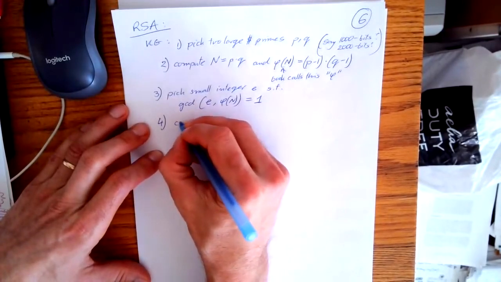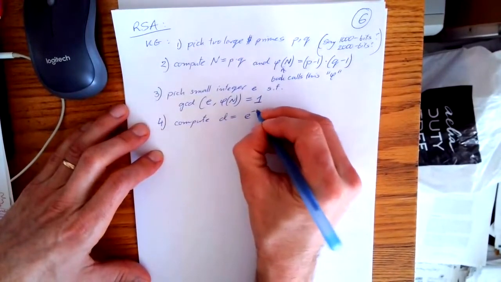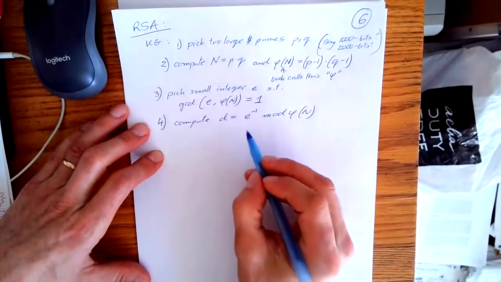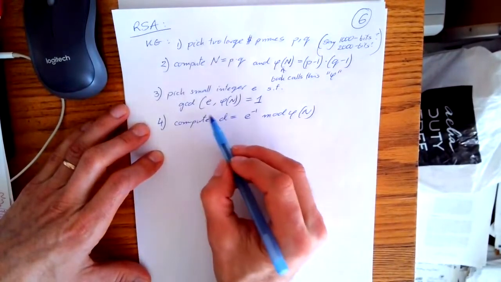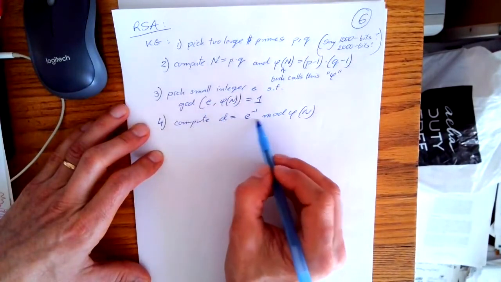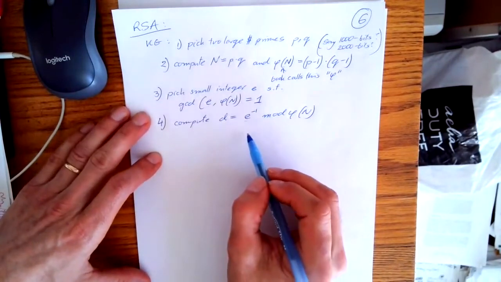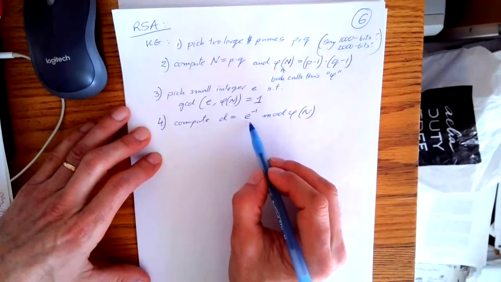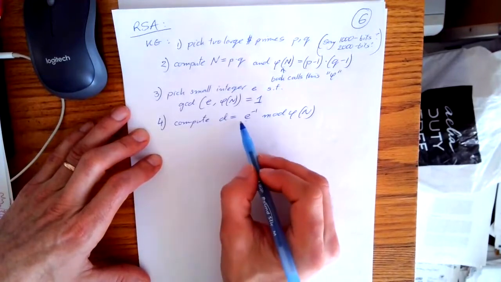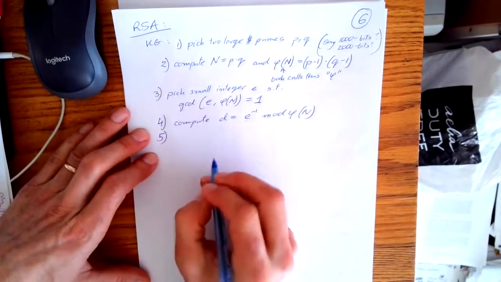And now compute a multiplicative inverse of e mod phi of n. If you remember Euclidean algorithm stuff, because e and phi of n are coprime, this exists, right? So I was kind of drumming on this point with a few examples of modular arithmetic that you were going over. And here is an application of it.